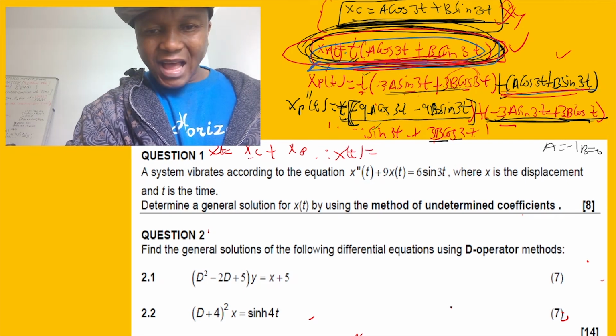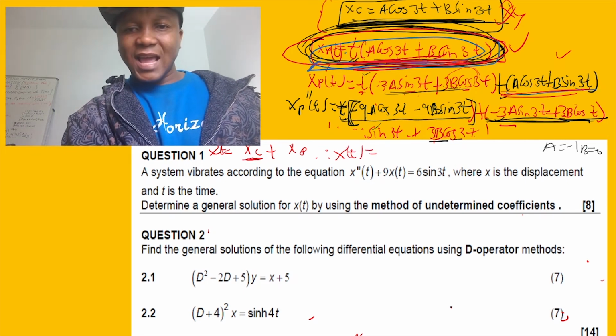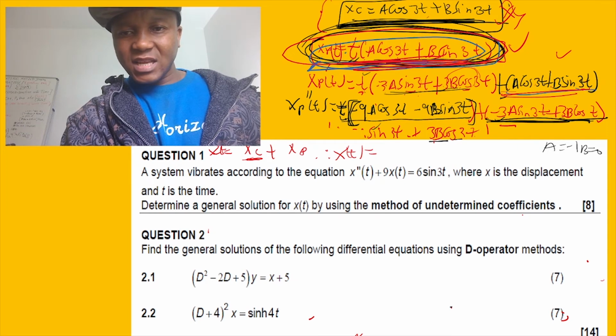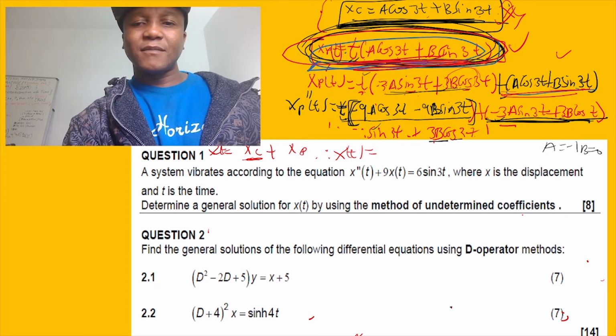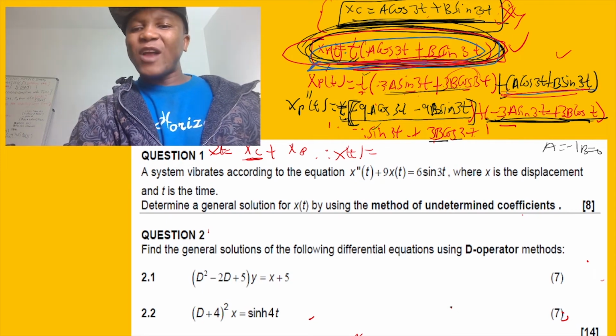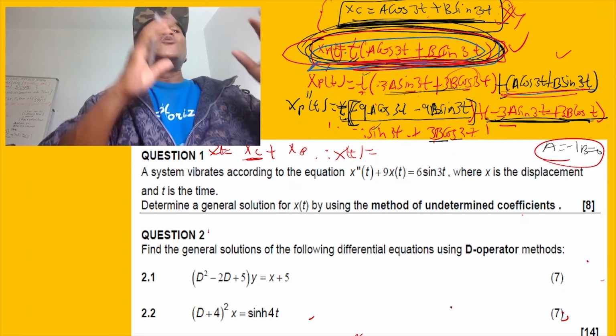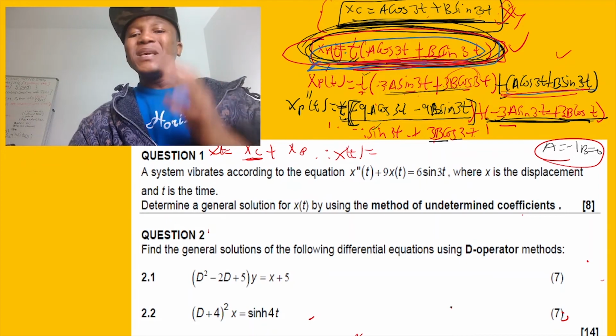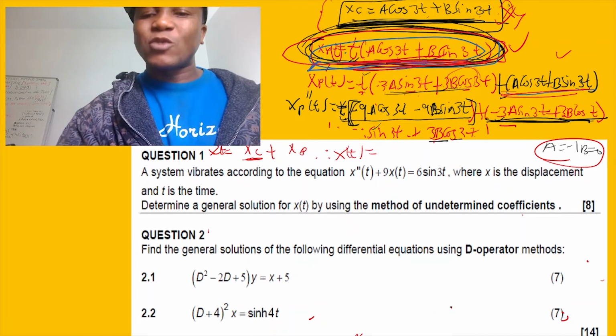What is the auxiliary solution? It is a cos 3t plus b sine 3t, that one right there. But remember, those values of a and b, you got them using the particular solution, which means you can substitute them in the particular solution.